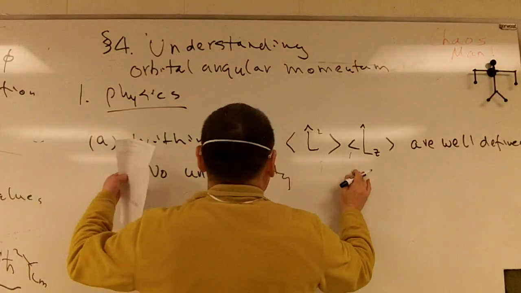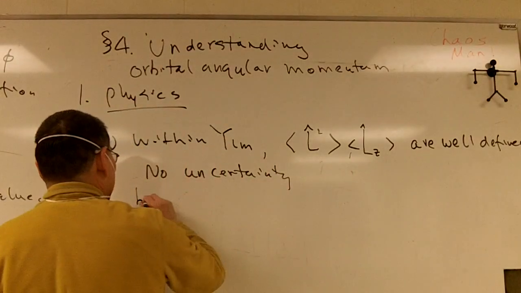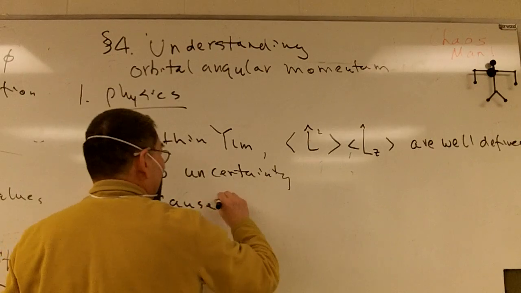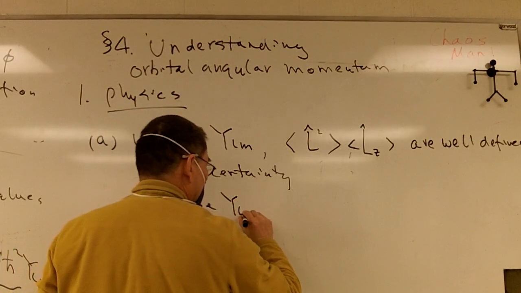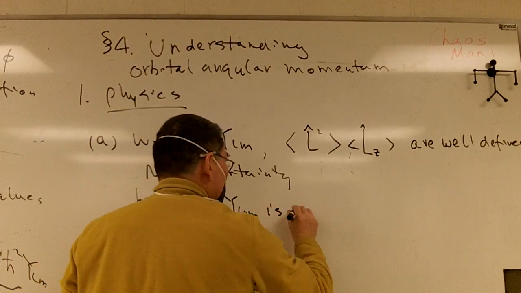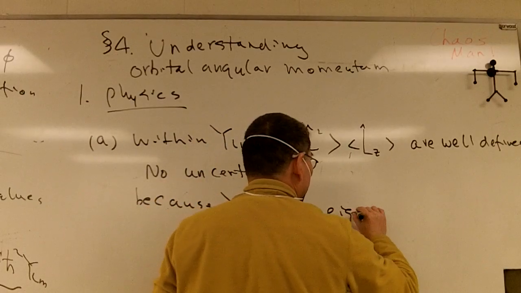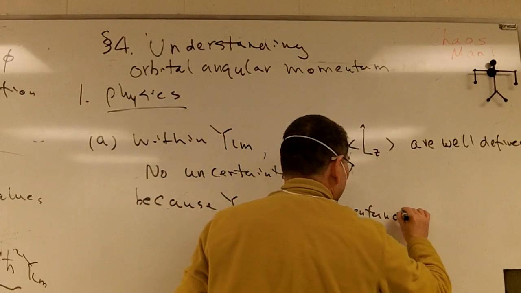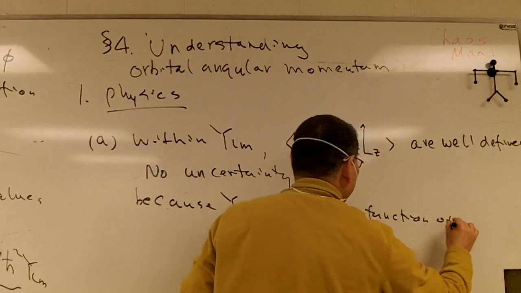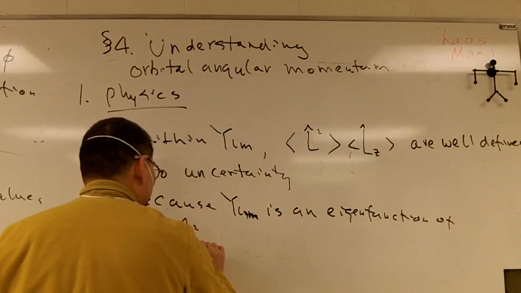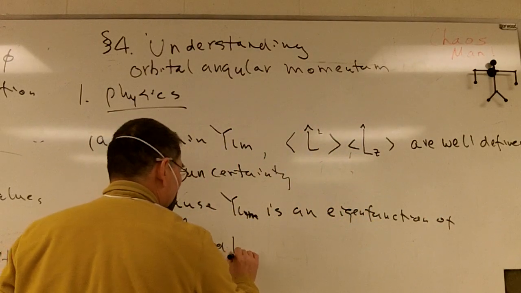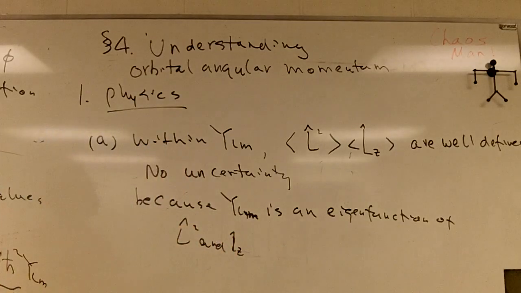This is because Y_lm is an eigenfunction of L squared and Lz, and their values are known.